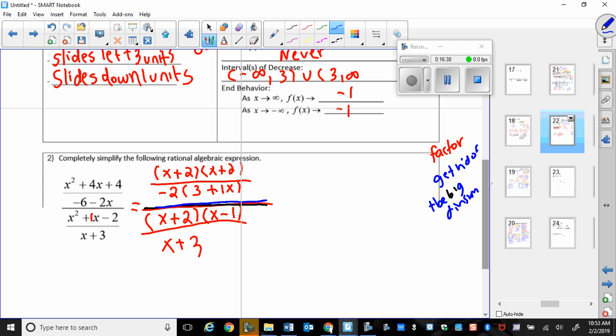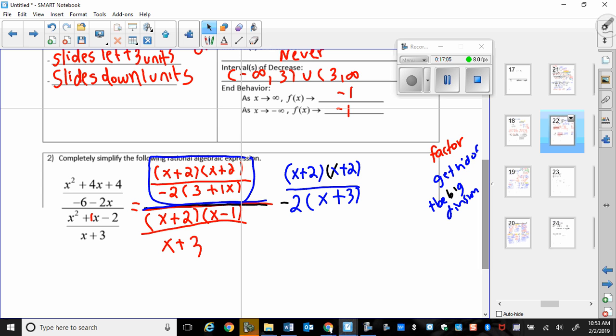That's this line here, okay? So we do that by keeping the top, the numerator, the same, and taking the reciprocal of the denominator. So x plus 2 times x plus 2 over negative 2 times, we're going to flip that around, x term first, plus x times x plus 3, right?